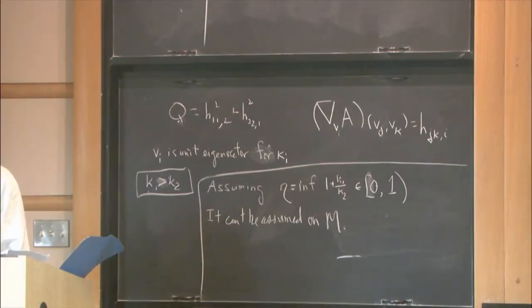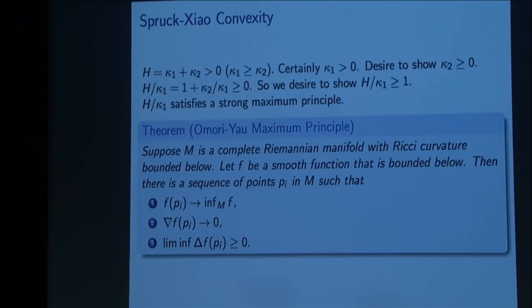Now, if the minimum is assumed, sure, you can find this. But this says if it's not assumed, which we now know, you can find a divergent sequence going to the infimum of this function we're looking at. Its gradient goes to 0, and the lim-inf of the Laplacian is non-negative.